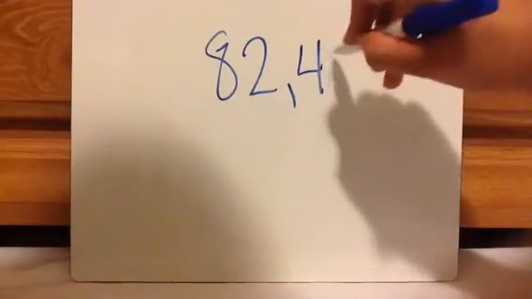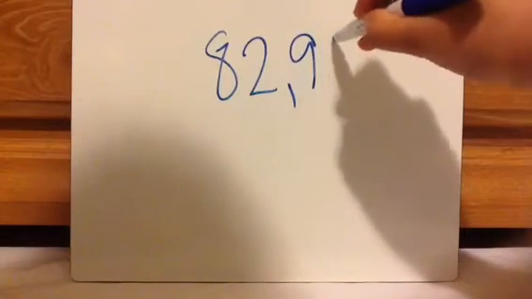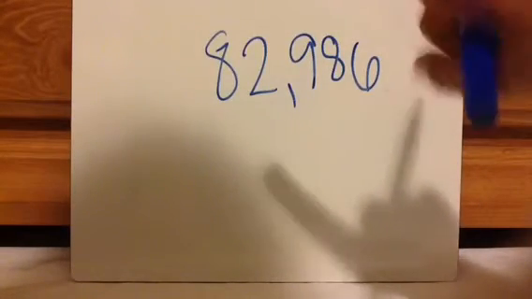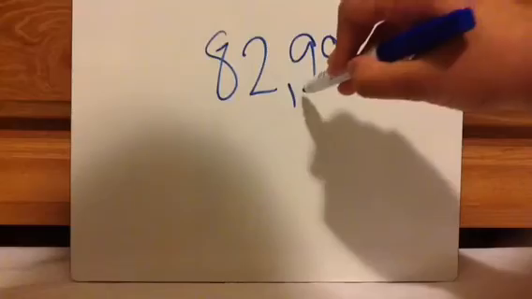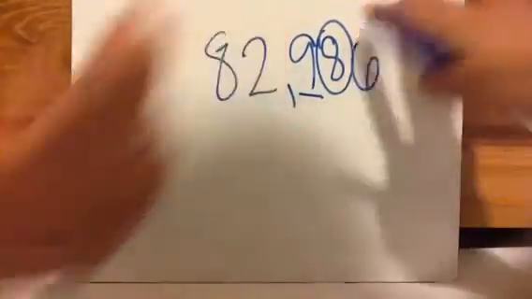So this rule for rounding works, but if it has to go to the next digit, like if it has to go to 10, then you need to be aware that that's going to change the number next to it. So let me give you another example. How about 82,986? If I'm rounding to the nearest 100, ones, tens, hundreds, underline that, look next door. When you look at 98, it's close to 100.